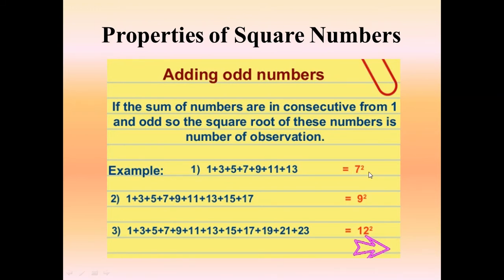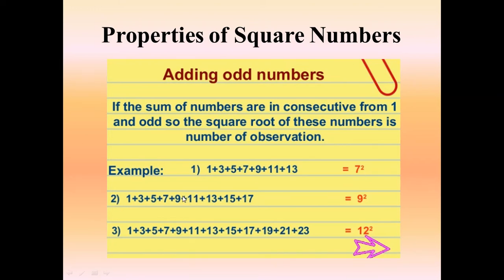So we can say that if we sum consecutive odd numbers from 1, the square root of the sum is the number of terms. Or in other words, the square of any number is actually the sum of consecutive odd numbers starting from 1. Okay, starting from 1 is very necessary.